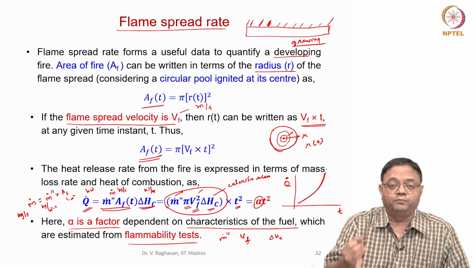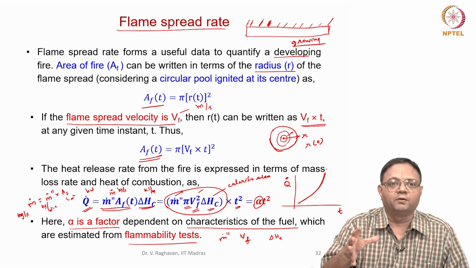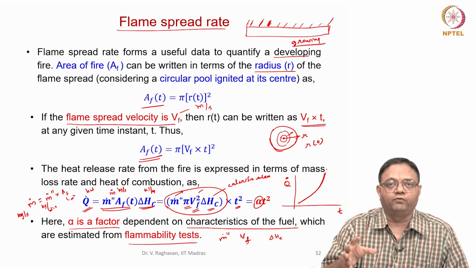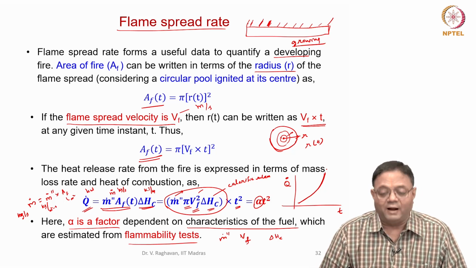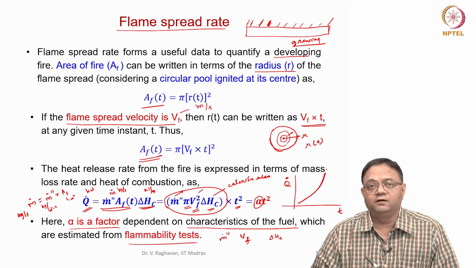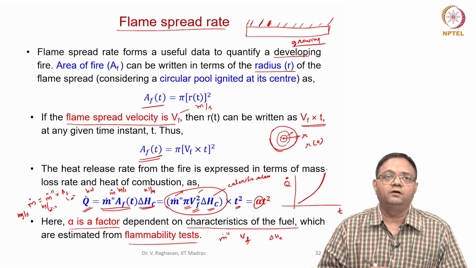Ignition, flame spread, etc., depend on several factors, and once they are determined, we can use them for finding the fire growth rate also, and classify the hazardous aspect of the liquid fuel.